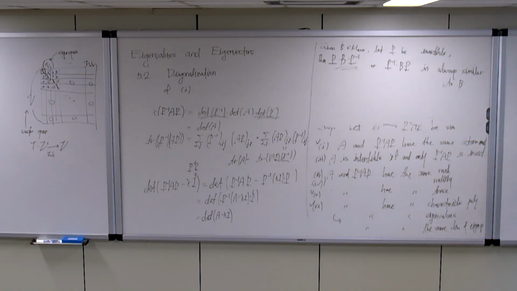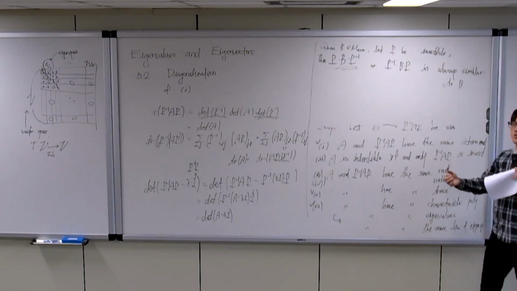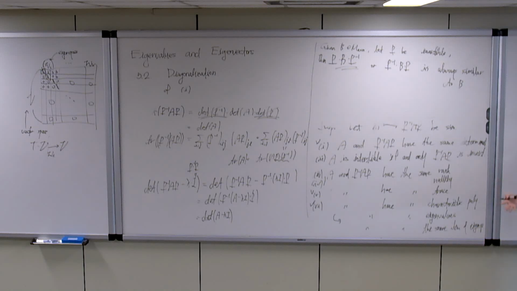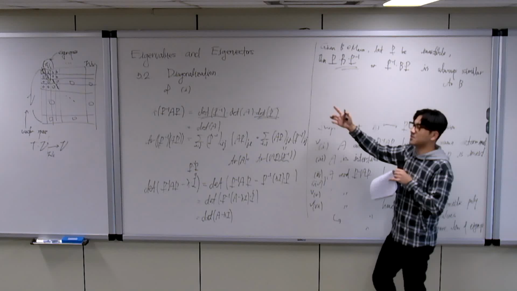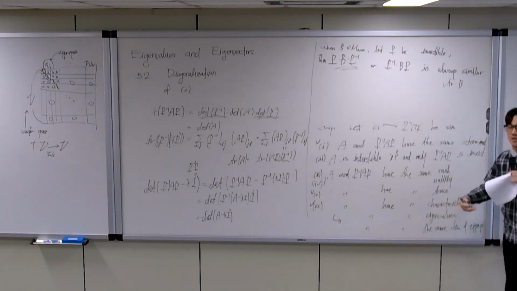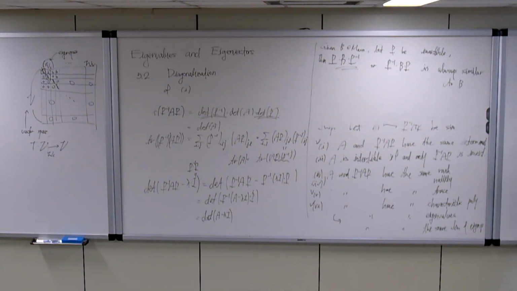Then to find the inverse matrix of P, I'll use the extended matrix form. Then by subtracting the second row from the first row, we can find the inverse matrix.